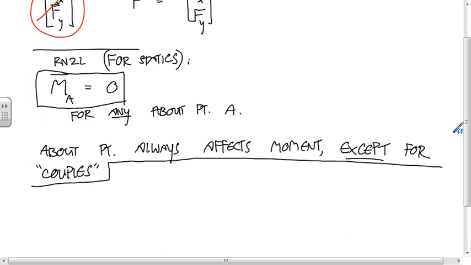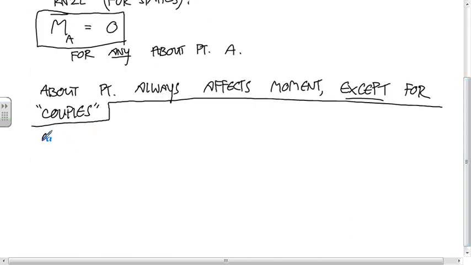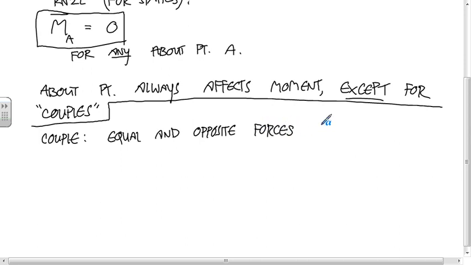And a couple is when you have equal and opposite forces acting some distance apart.